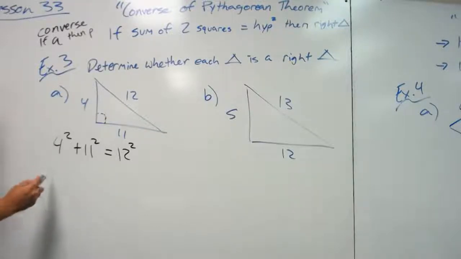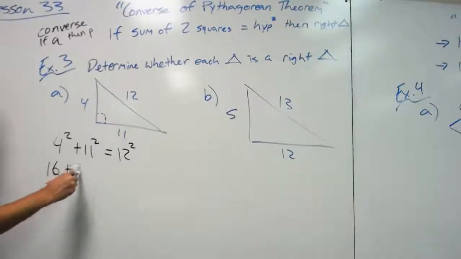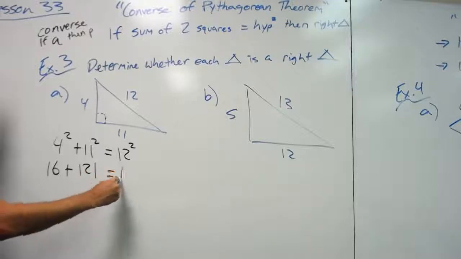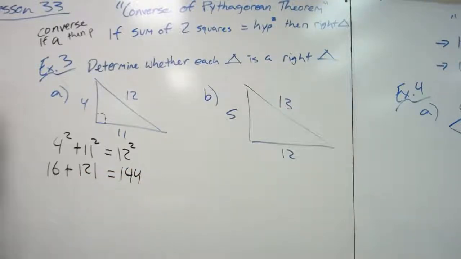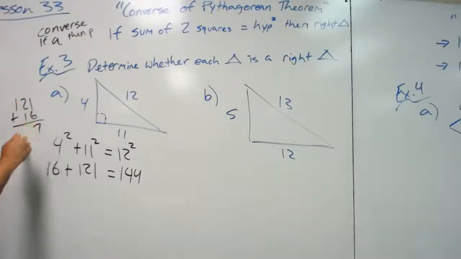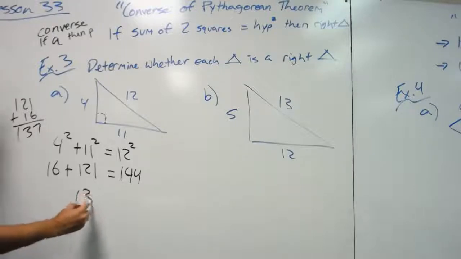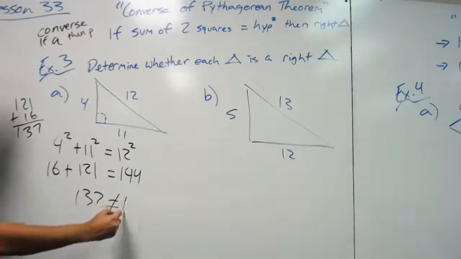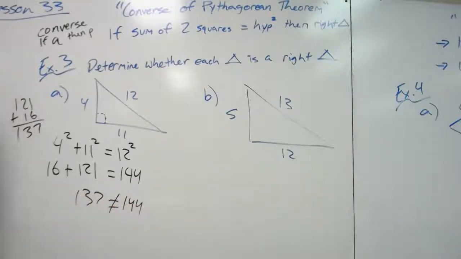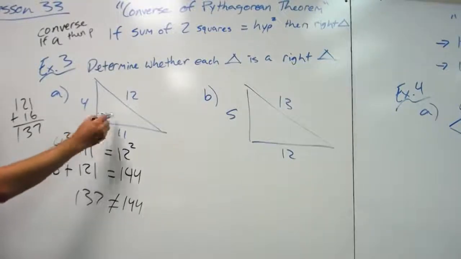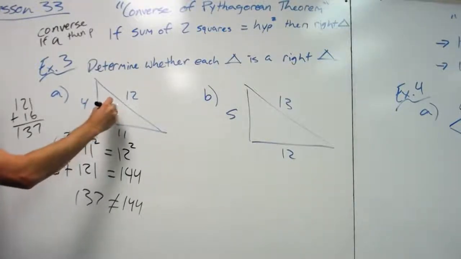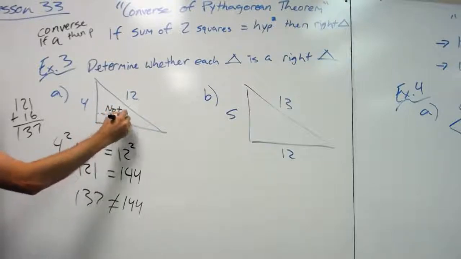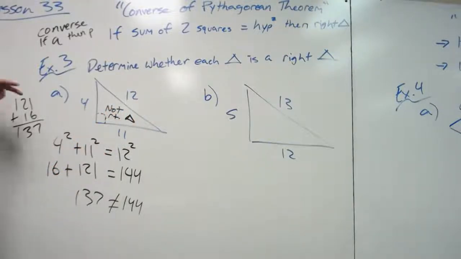So then we look to solve 16 plus 121 equals 144. Well, when I add 16 to 121, that comes out to be 137, and it does not equal 144. So therefore, this is not a right triangle. And we solve that using converse of the Pythagorean theorem.